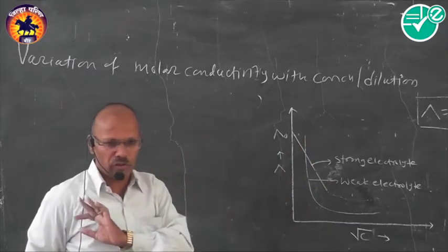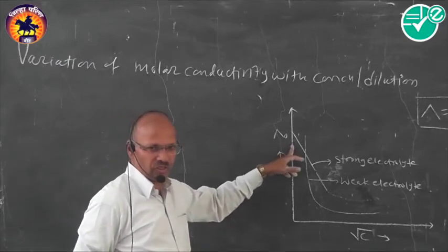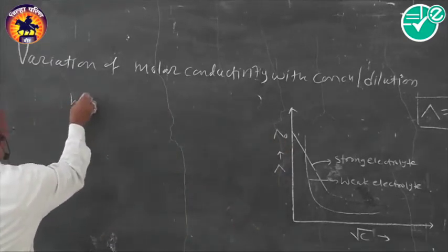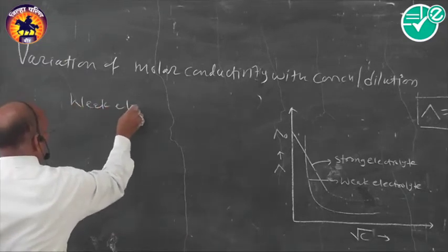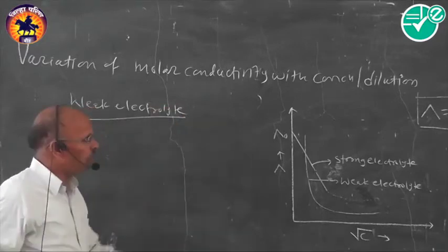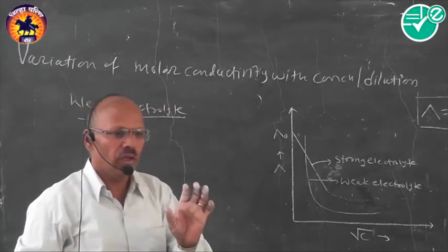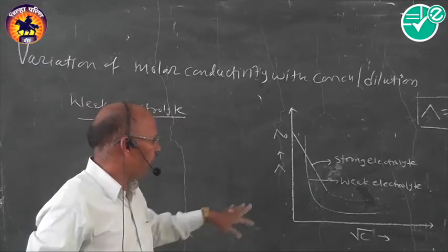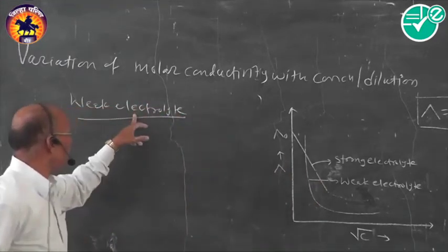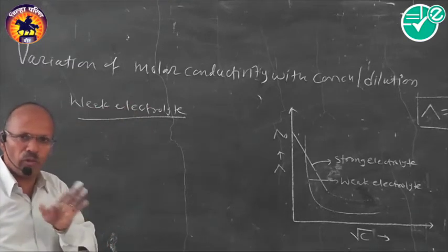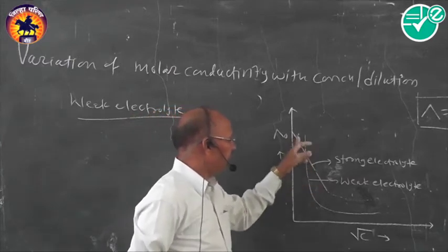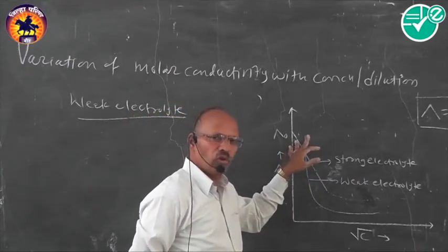That curve never intersects the y-axis. So remember that for a weak electrolyte we cannot calculate the molar conductivity by using this graph. By the graphical method we cannot calculate the actual molar conductivity for a weak electrolyte because its line does not show any intercept on the y-axis.